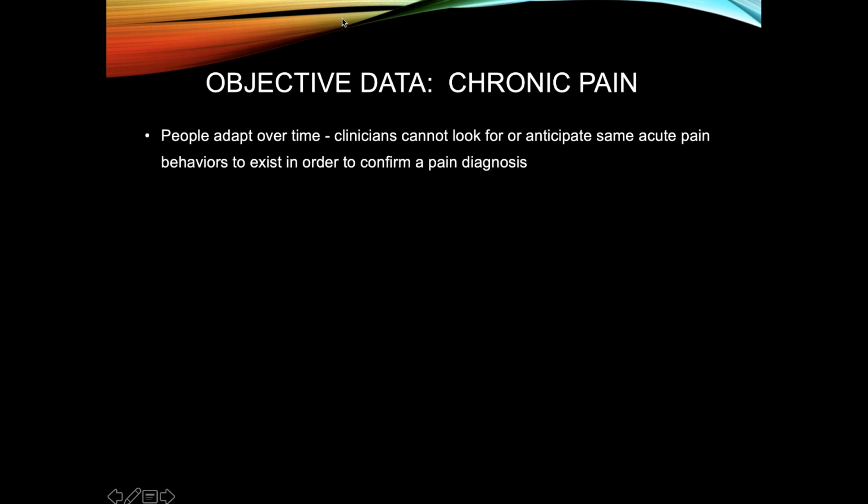With chronic pain, it's a little bit different because people adapt over time. So they may not be profusely sweating or rocking, writhing or screaming. So we can't just look for the same type of reaction as we do for acute pain. Their behaviors have even more variability though.